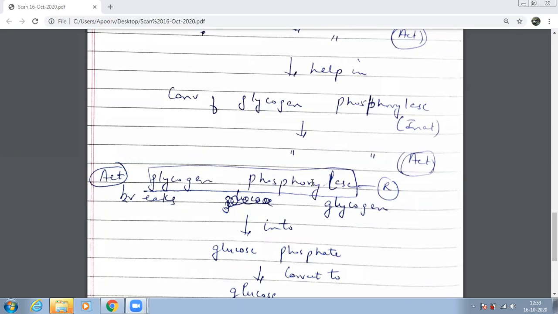Inactive glycogen phosphorylase into active glycogen phosphorylase. And this active glycogen phosphorylase will convert glycogen first into glucose phosphate, and this glucose phosphate will convert it to glucose.